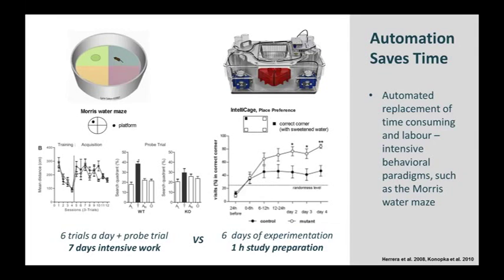Although the time an animal needs to learn a specific paradigm is determined by the animal model, the amount of workload for the experimenter can differ significantly. As an example, to perform the acquisition, probe, and reversal trial of a classical water maze experiment, the researcher has to invest at least 7 full days of intensive work.